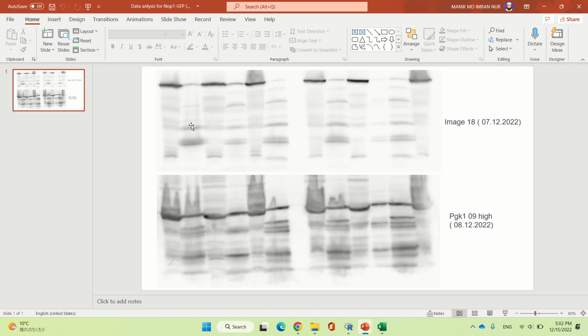But if you analyze only the free GFP, the NOP1 expression level is not the same in those three independent experiments. Right, so it has to be normalized to the protein you loaded, then the monitor is the PGK1.